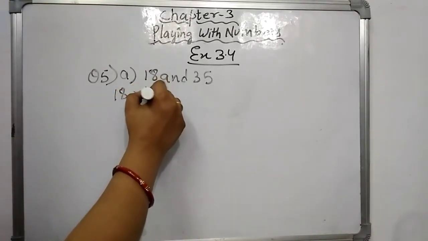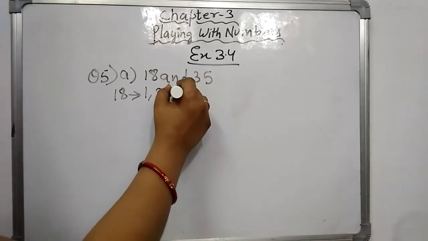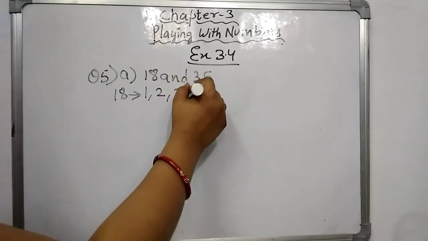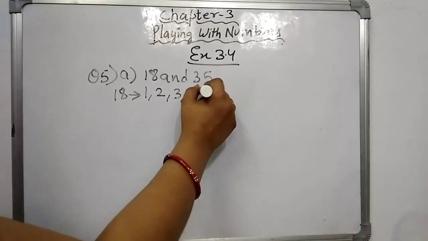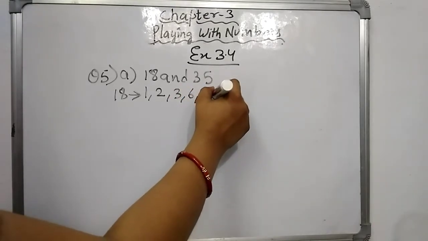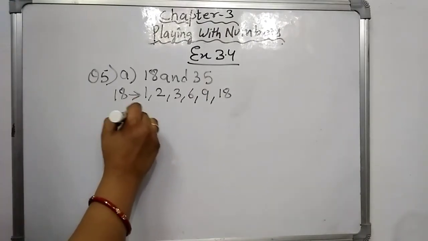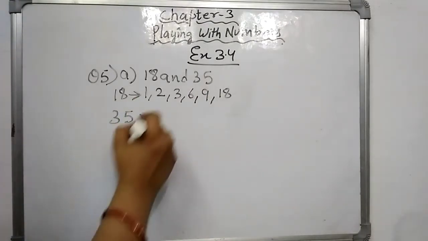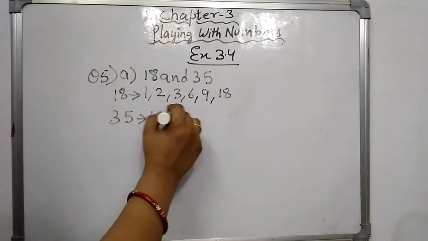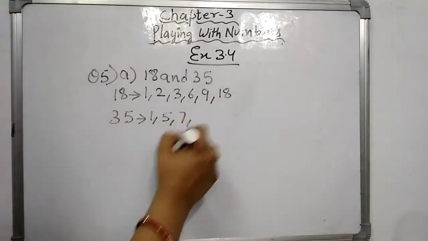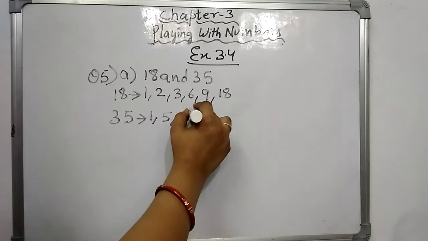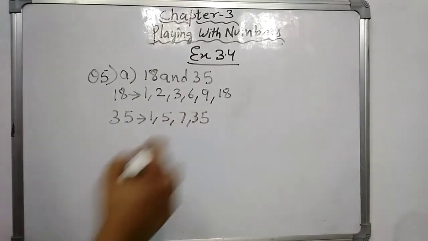1, 2, 3, 6, 9 and 18. These are factors of 18. Now we have 35. Factors of 35: 1, 5, 7 and 35.